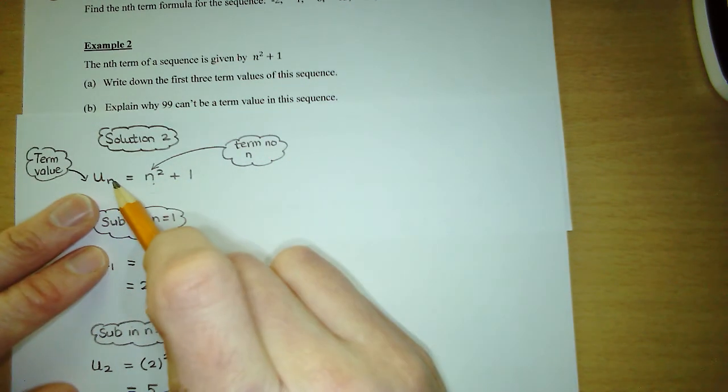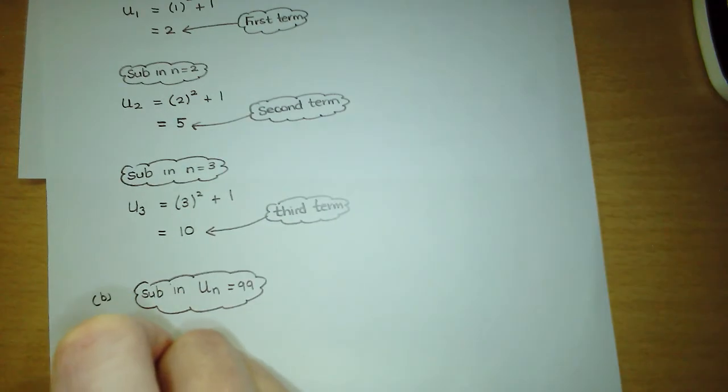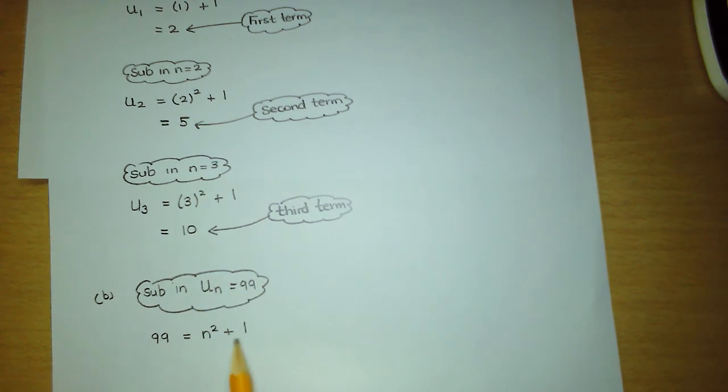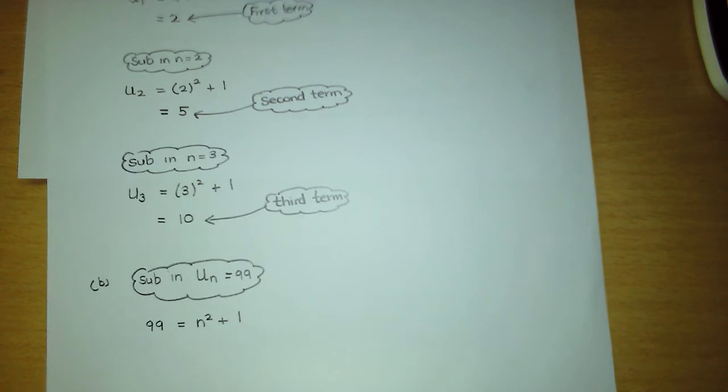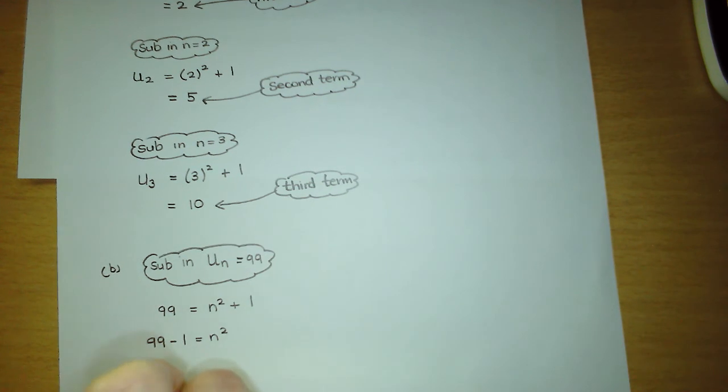We're going to replace un with 99, so we're going to get 99 equals n squared plus 1. So we're going to try and solve for n, so we're going to bring the 1 over to the other side, so we're going to change its sign, so 99 minus 1 equals n squared. So we're going to get 98 equals n squared.